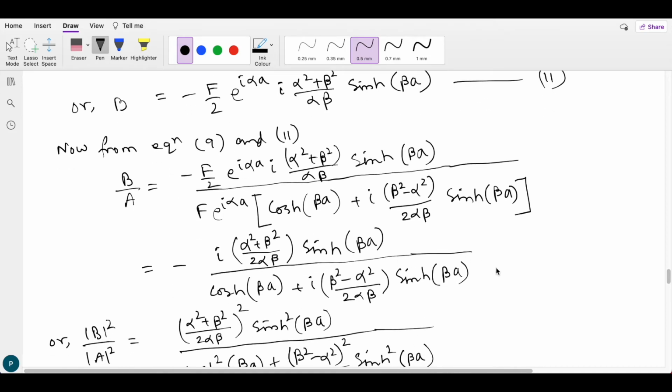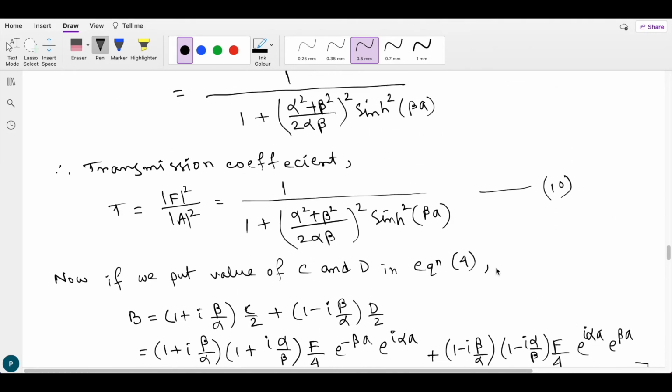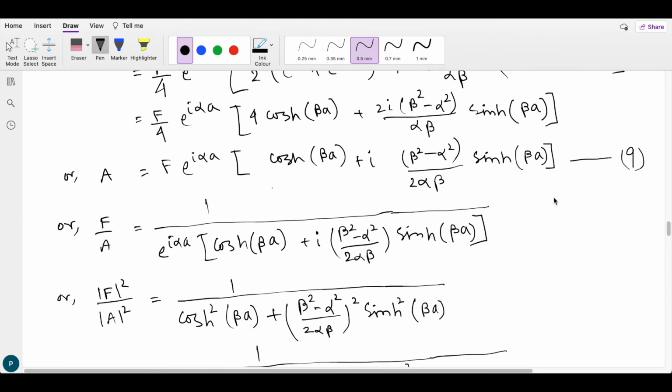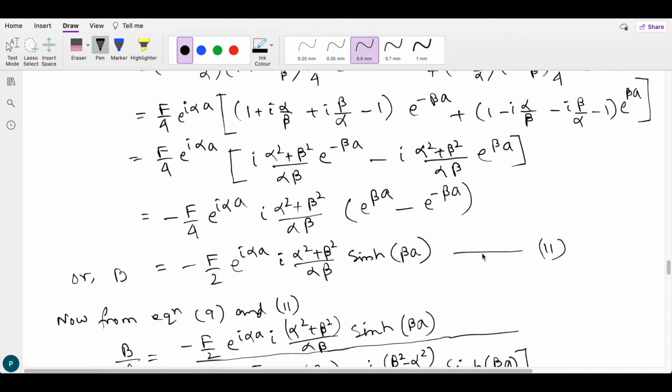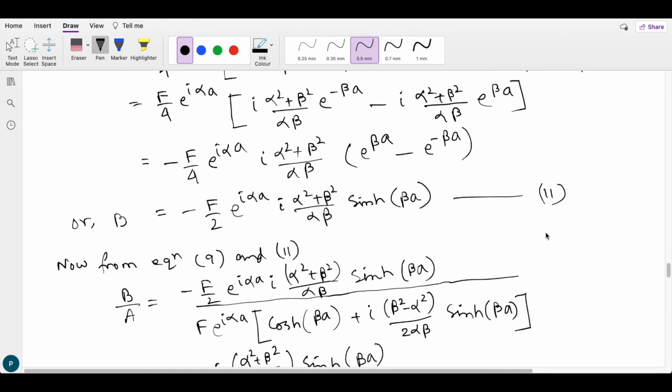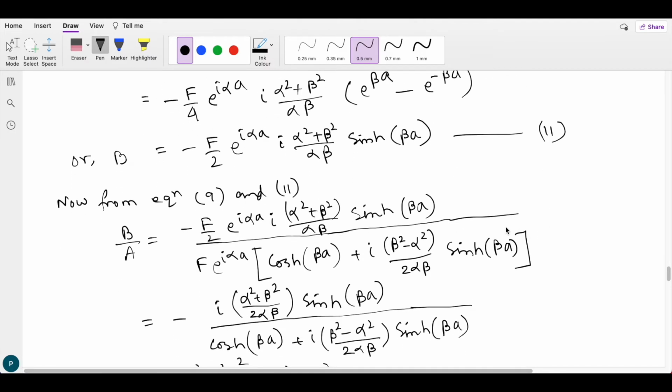Now from equations 9 and 11, what is equation 9? The expression for A in terms of F was equation 9, and 11 is the expression of B in terms of F. Now if we divide B by A, we get this equation.